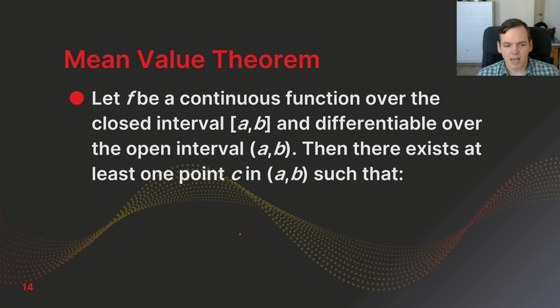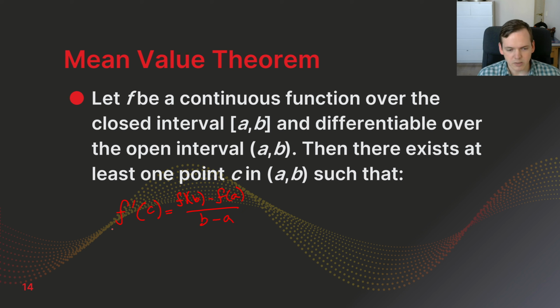There exists at least one point c in (a, b) such that the derivative of the function at point c is equal to (f(b) minus f(a)) over (b minus a).